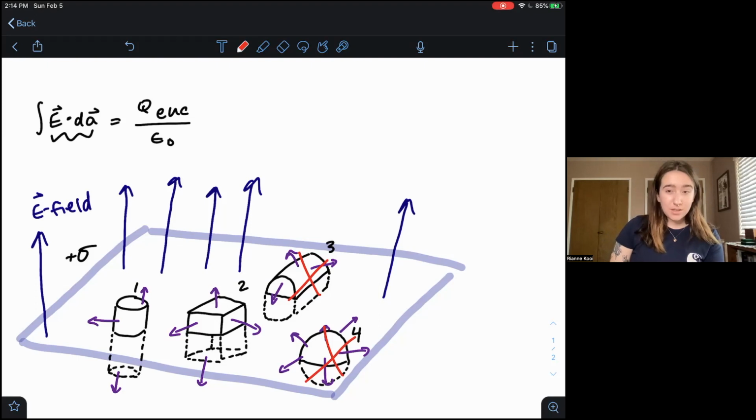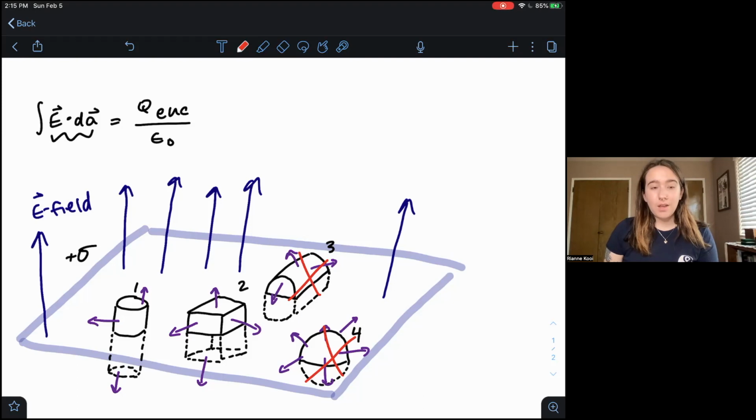But usually standard practice is using cylinders instead of Gaussian pillboxes, just because physicists really like circles for some reason. We don't really like a lot of harsh edges, so we tend to gravitate towards cylinders and spheres, and we usually like spheres a lot more, but cylinders are our next best option.